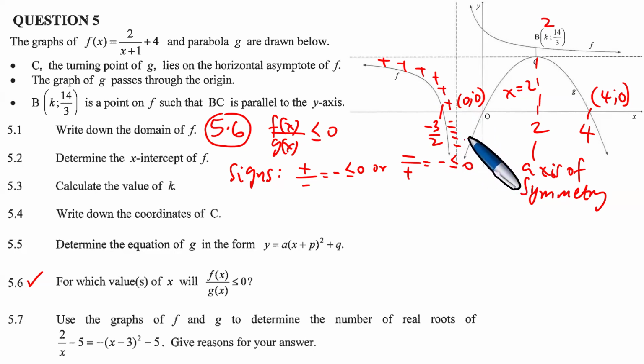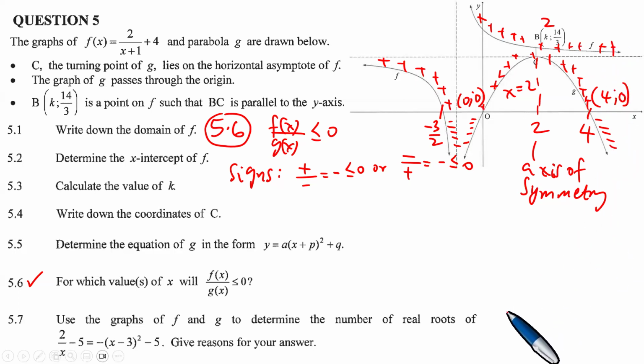When it's below the x-axis, it's also negative, and this is positive, positive, positive, positive, and this is negative. And then here, this one is positive all the way.